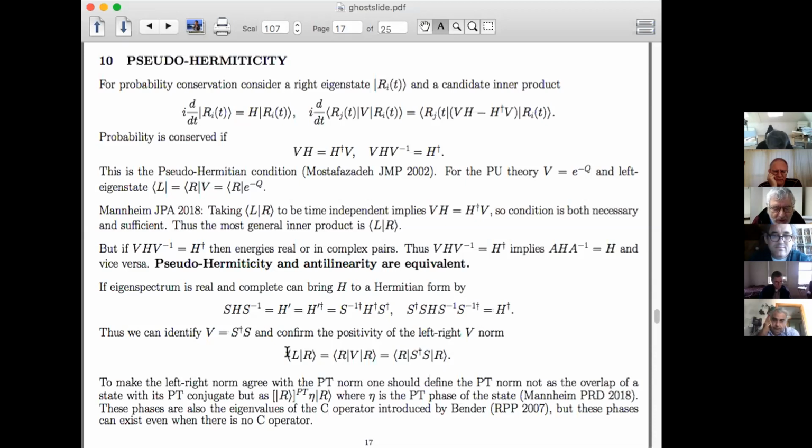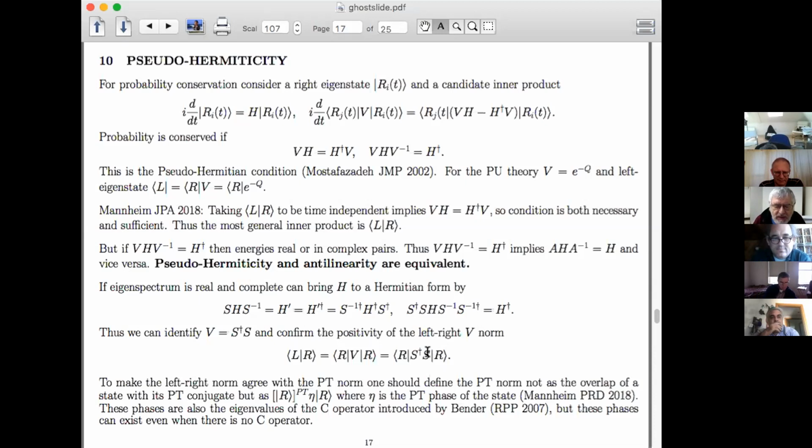And now we look at the norm, LR, but L is RV, that's RVR, and that's R, S dagger, S, R. And therefore the norm is positive definite. And so if a theory has a completely real spectrum and the eigenvectors are complete, then the left-right norm is positive definite.